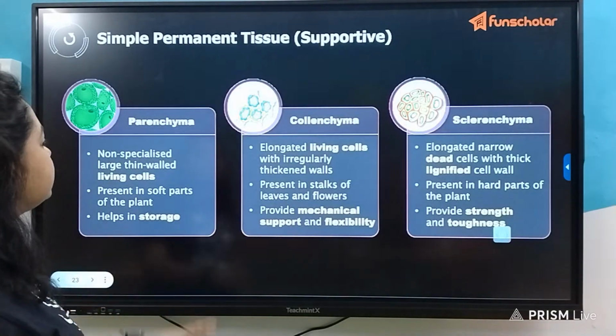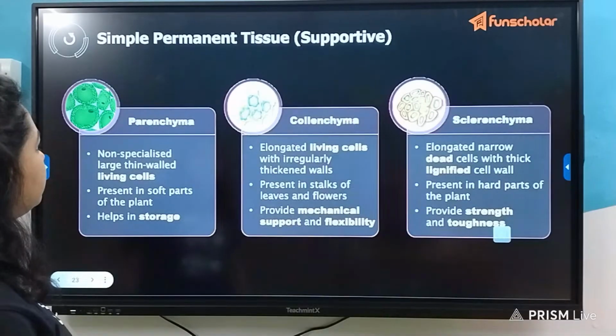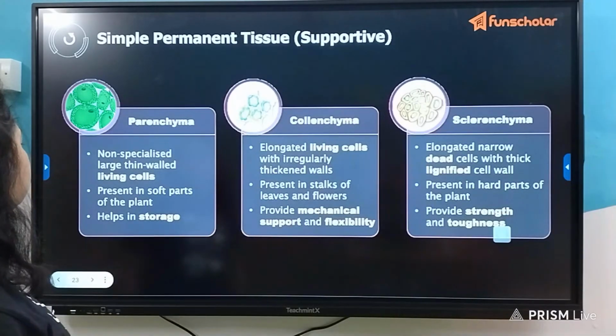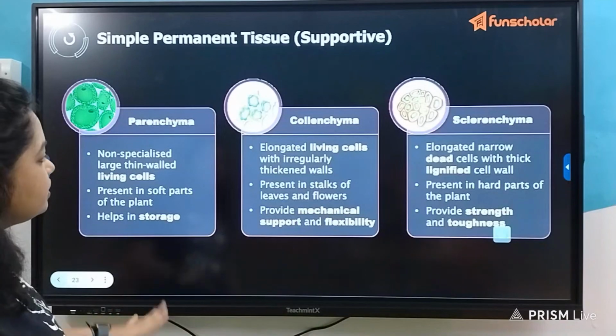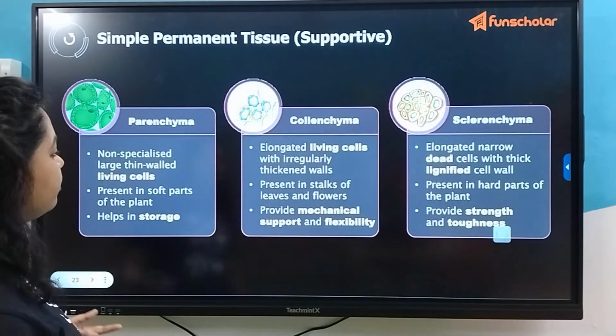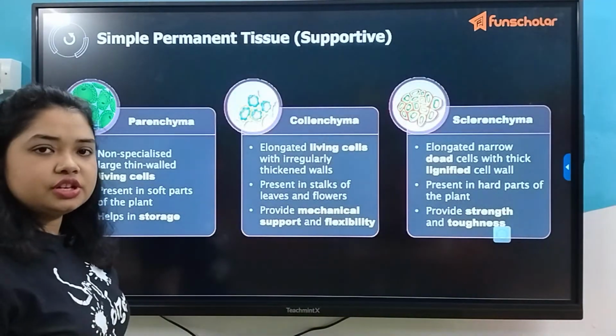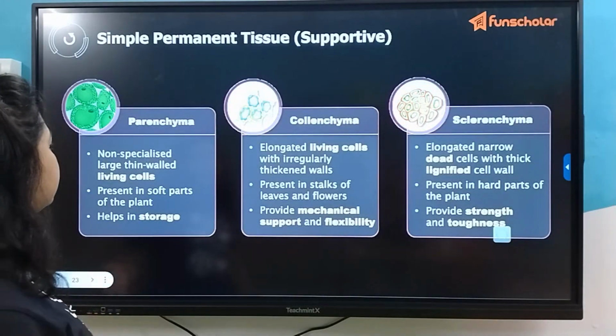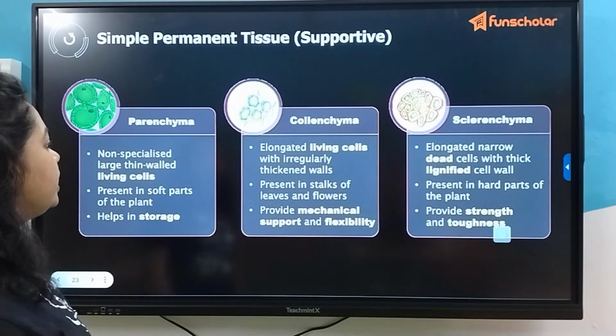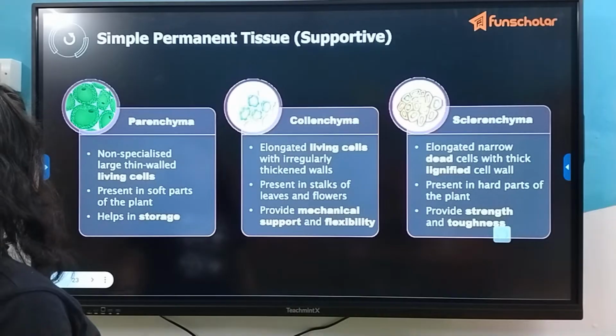So this is a brief summary of three types of simple permanent tissues. So therefore, according to their structure and according to their function and their location, you can compare them in this column-wise comparison table.